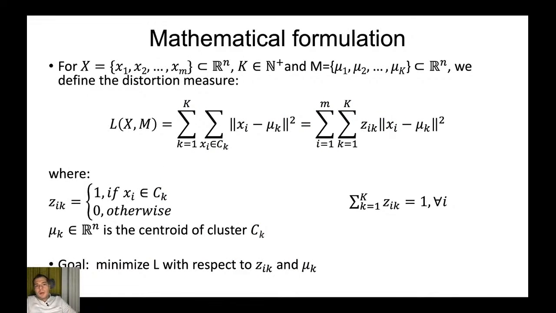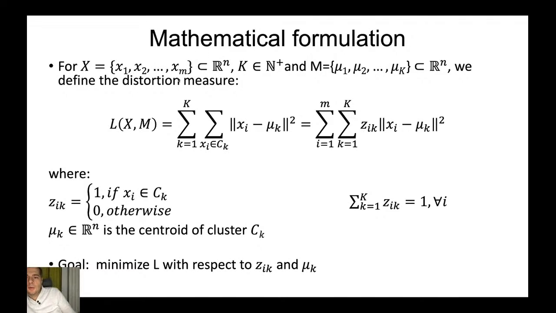Okay, so yeah, the mathematical formulation. So we go back to the objective function that we optimize, and we rewrite it like this in order to understand how the optimization process works.